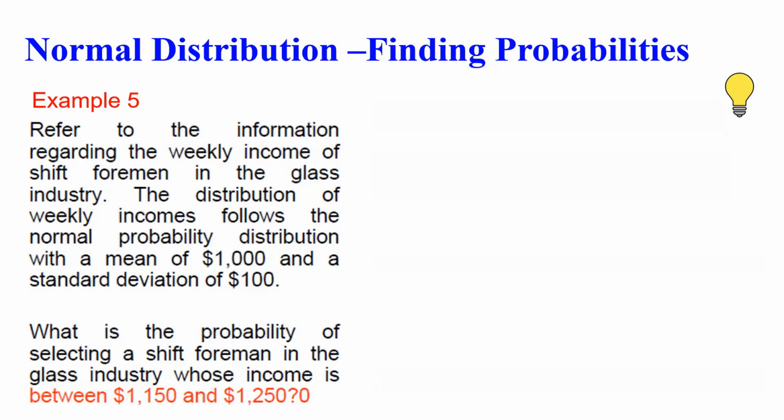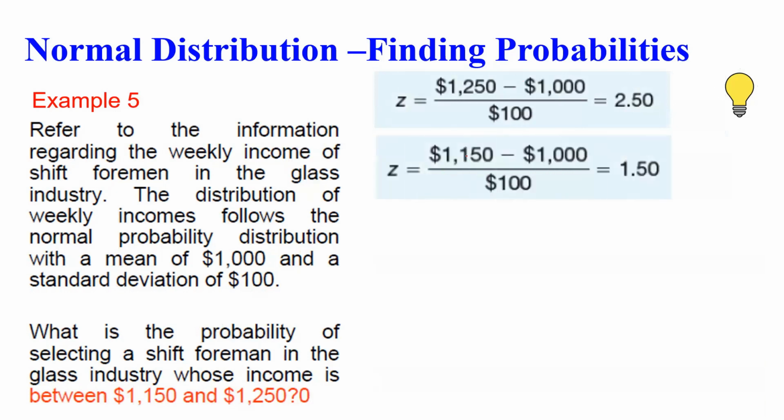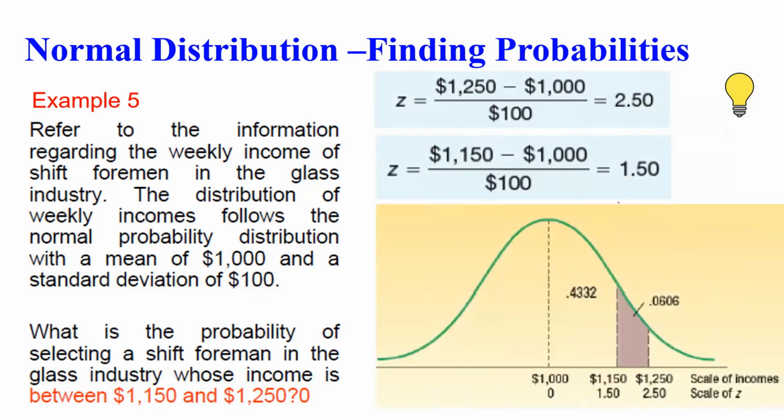This is example 5. It's given the new value between 1,150 and 1,250. Again, when you substitute those values into the distribution formula, you get 2.5 and 1.5.